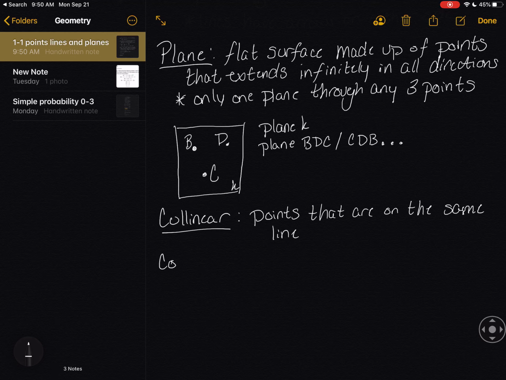Then we have coplanar, and this should say only one plane goes through any 3 points not on the same line. Coplanar are points that lie in the same plane.